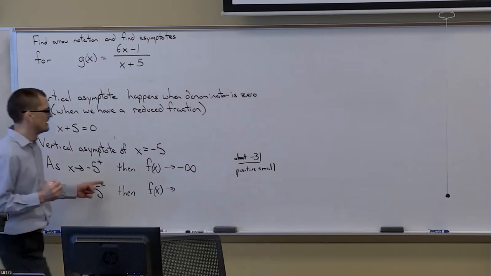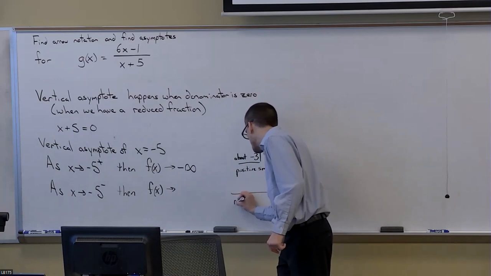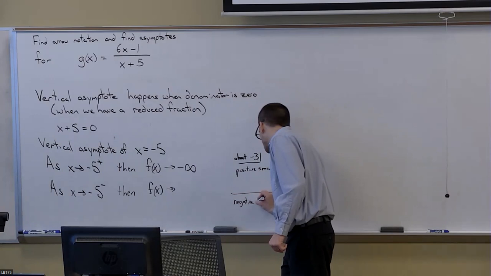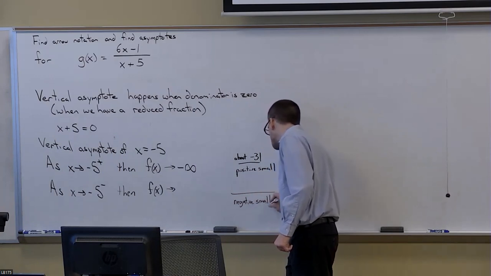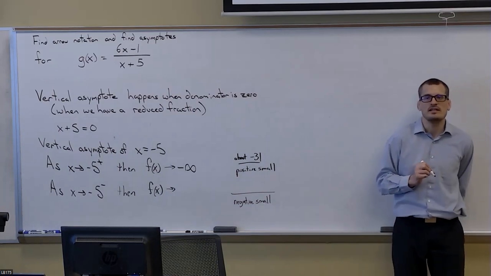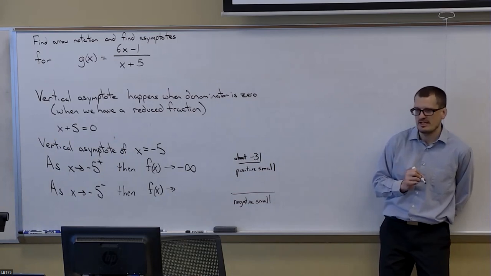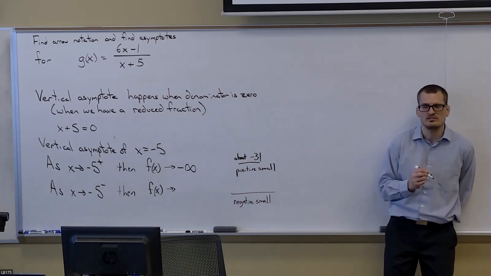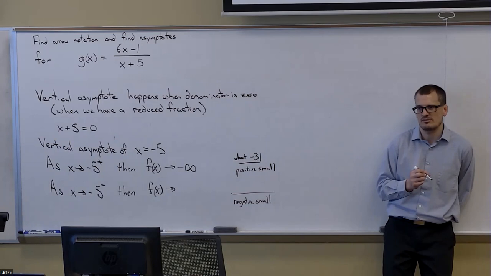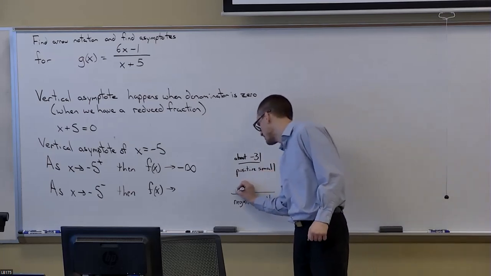As x goes to -5 from below, in the denominator, it's a negative, really small number, really close to 0. And my numerator is still about -31.